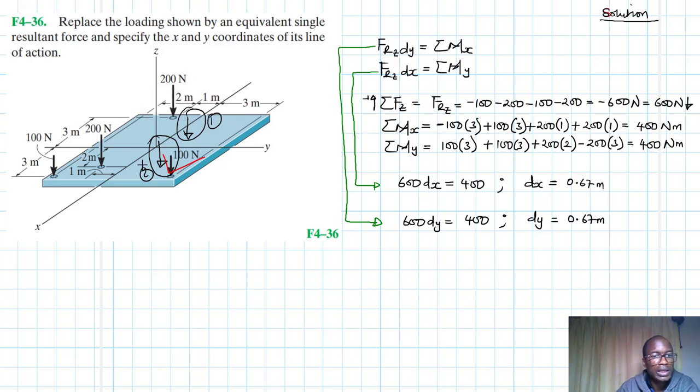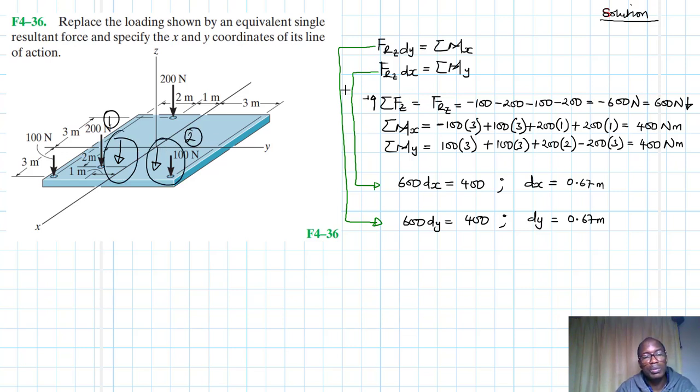What about in the other case here? What about for us to have a positive moment about the x-axis? Do we place it here, or do we place it here? We are talking about moment about the x-axis. So let's call this 1 and this 2.